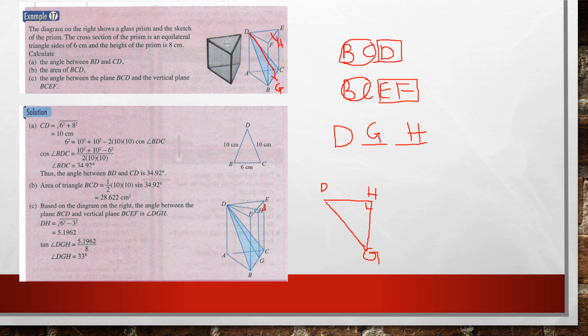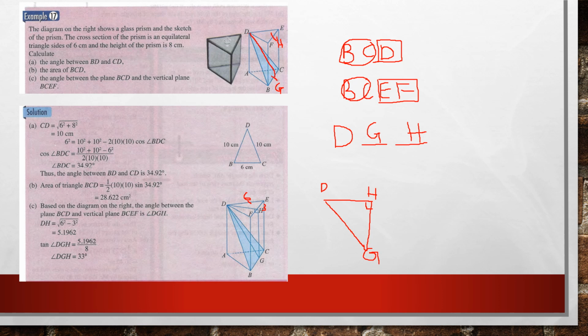Maybe it cannot be seen clearly here. This part is an equilateral triangle, 6. So DH, using Pythagoras theorem, you get 5.1962. Since this is a right angle triangle, you can use trigonometry to find the angle DGH.